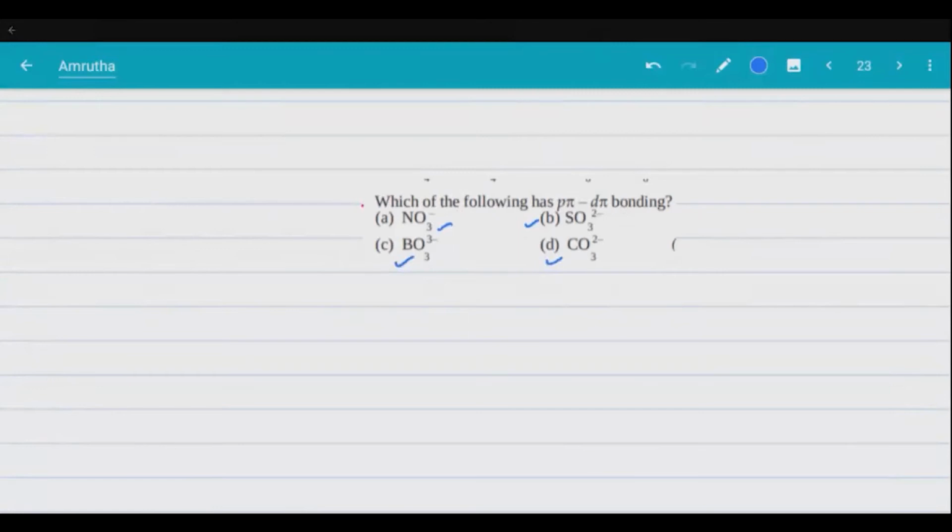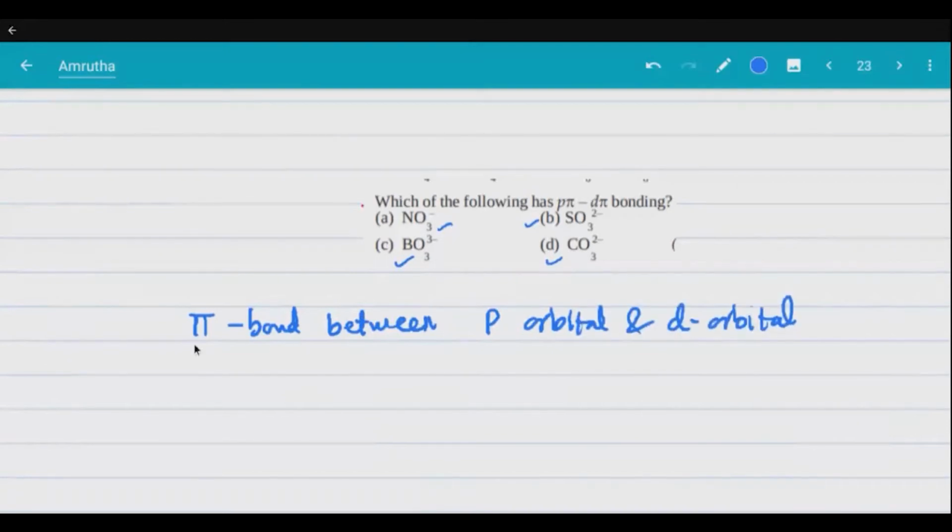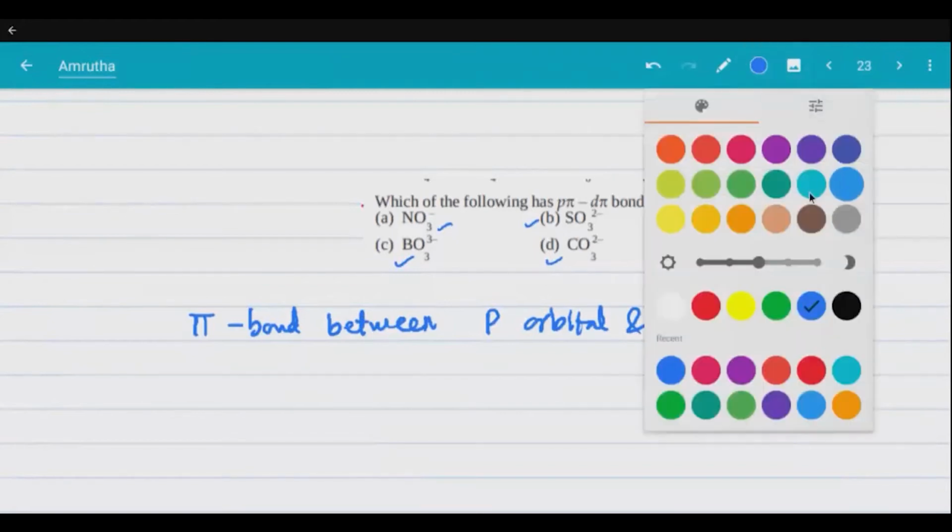But what is a p pi d pi bond? It is a pi bond between p orbital and d orbital.